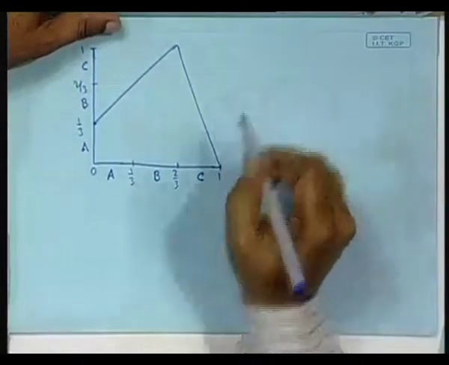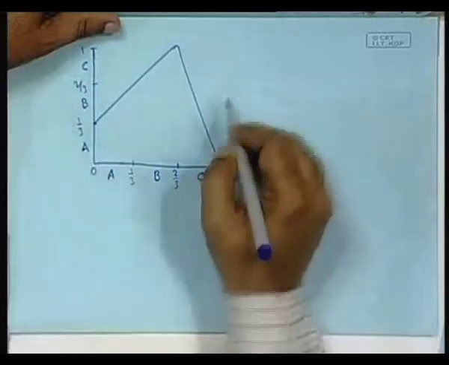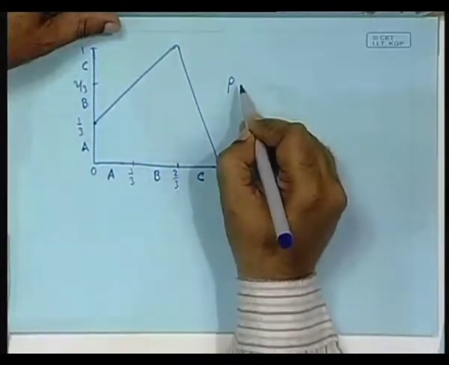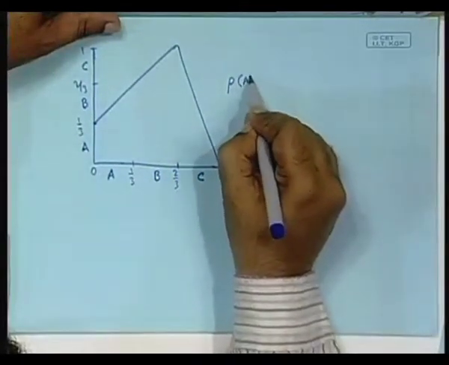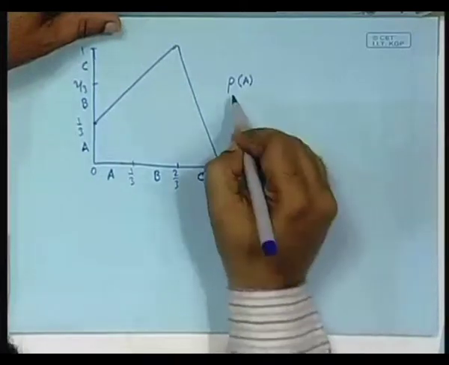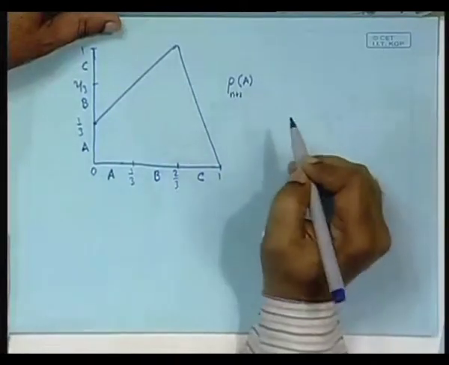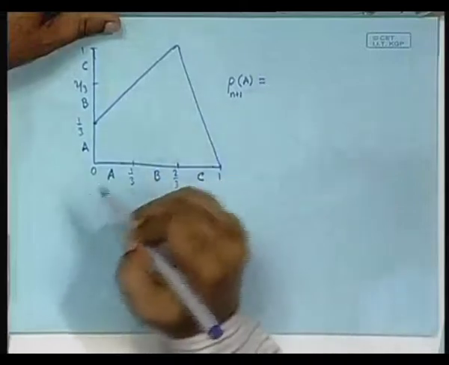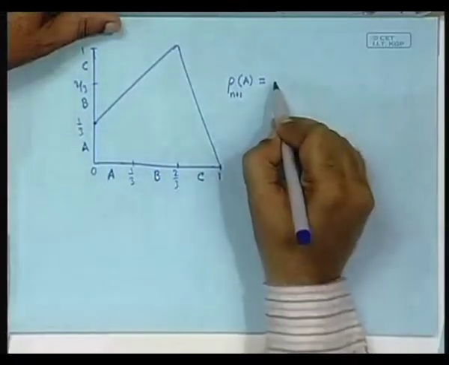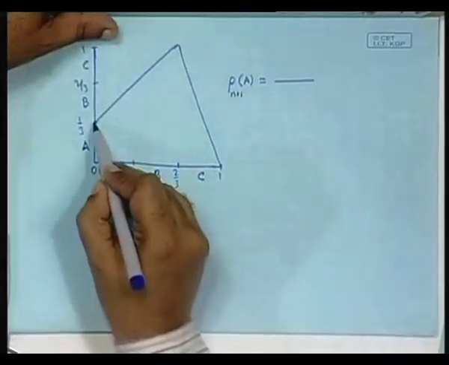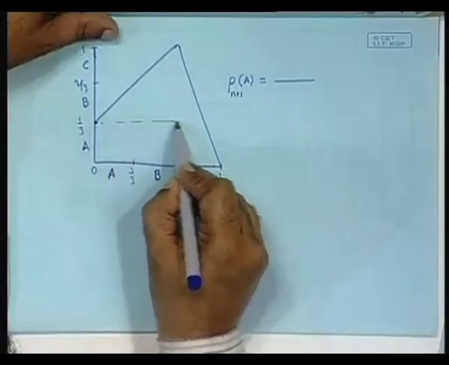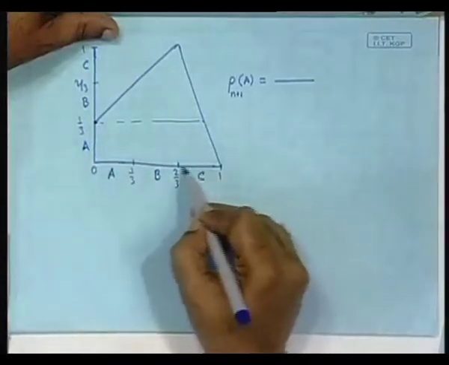So, let us first consider rho in the chunk A in the n plus 1th iterate. Where will it come from? It will only come from this part.